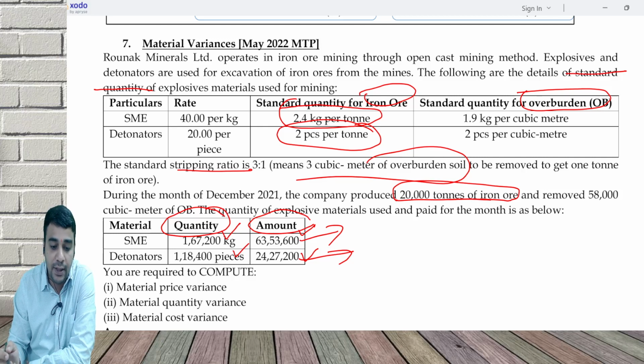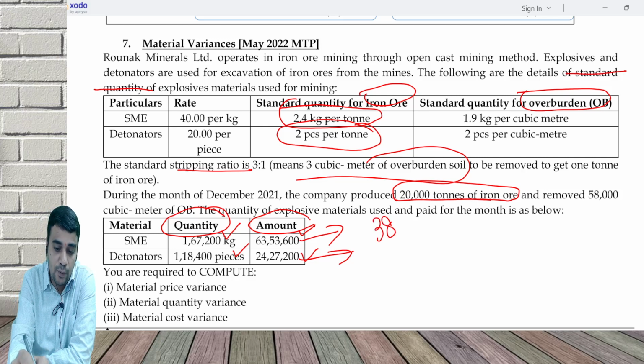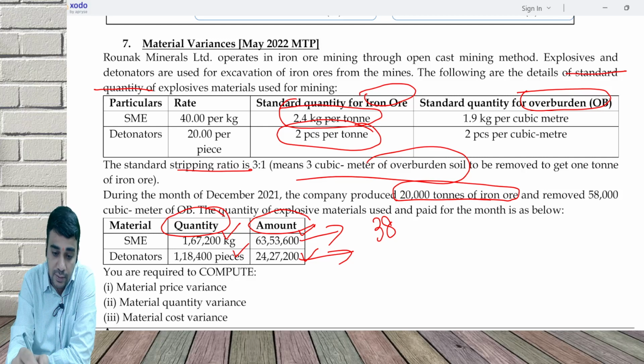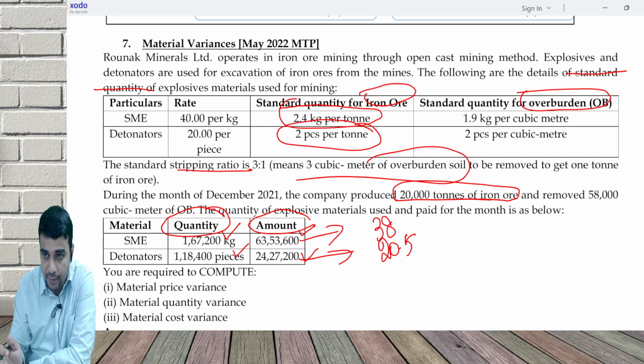If you want, divide 65,53,600 by 167,200 and 24,27,200 by 118,400. If I want, I can get the price, multiply again with the quantity and get the same number.